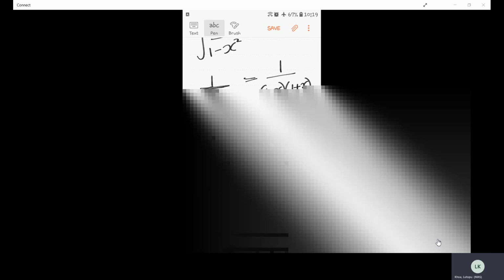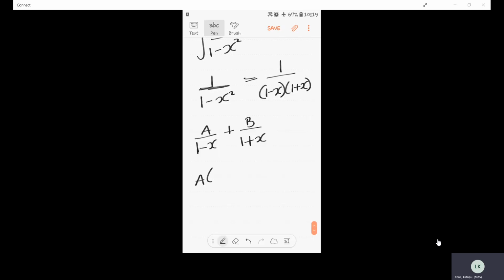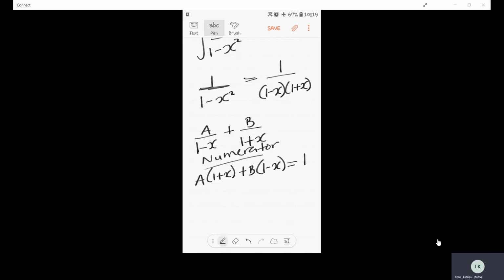Then you know how to combine them. This is a(1 plus x) plus b(1 minus x), and this is equal to 1. So this is my numerator that I'm looking at.